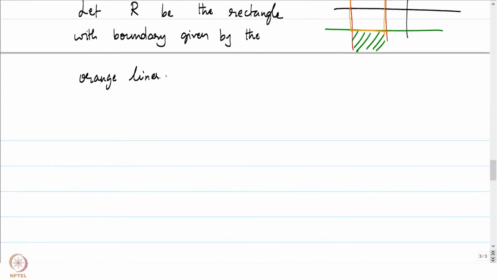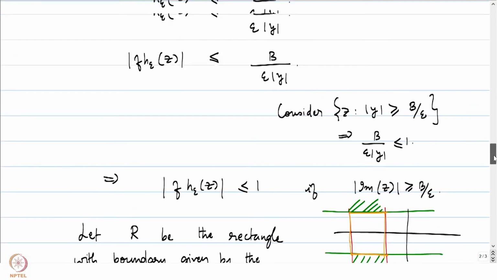Let's now consider the function f restricted to a neighborhood of the closed rectangle R, and apply the maximum modulus principle. Observe that the absolute value of f of z is less than or equal to 1 on the boundary of R. That is what we were ensuring all the way here, right?